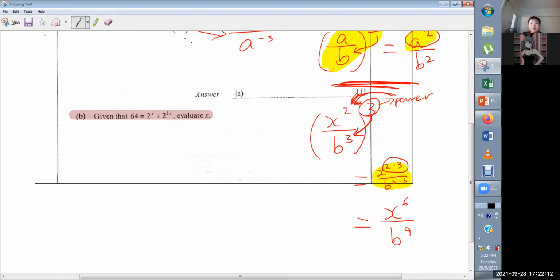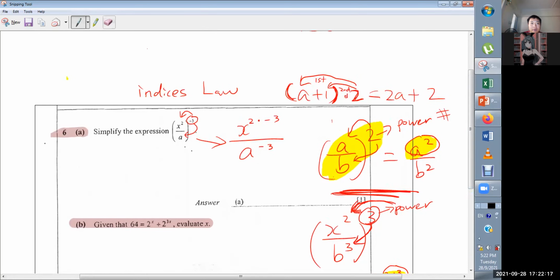Okay. So similarly, we are going to apply this for the above example. Let me do it one more time. Let me erase this. So like I say, the -3 is a power here. So if it's a power, you have to times into the numerator as a power, not as a number.